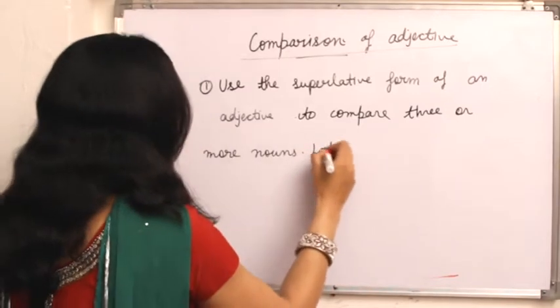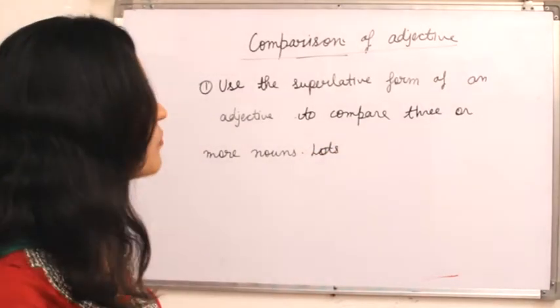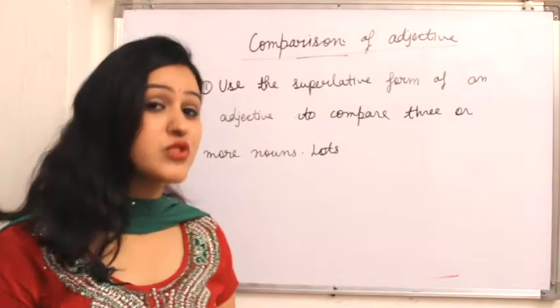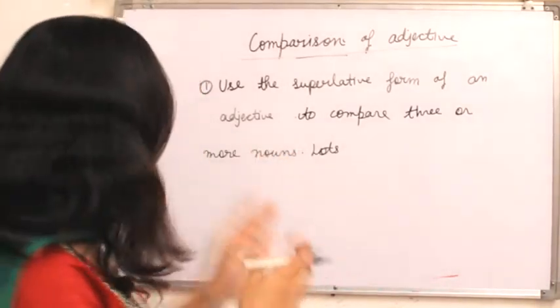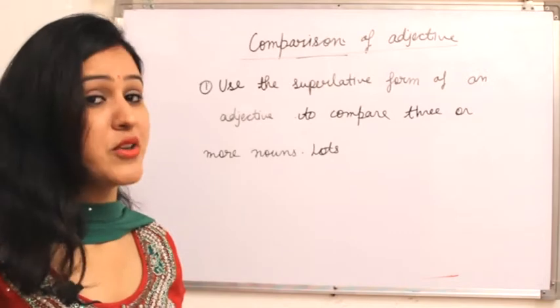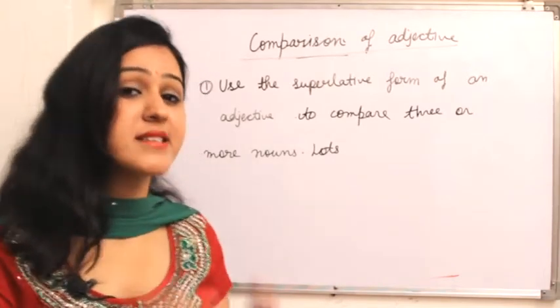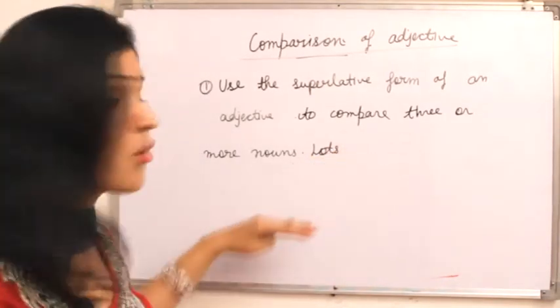So use the superlative form of an adjective only to compare three or more nouns. Okay, not about two persons or things. This is about three or more nouns.